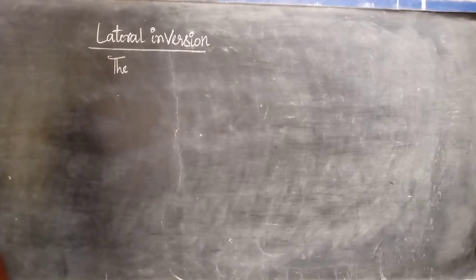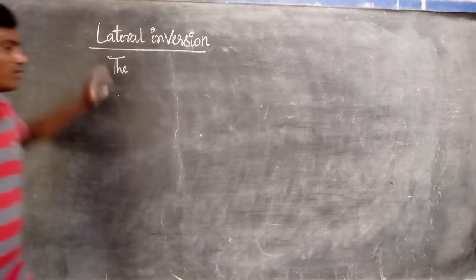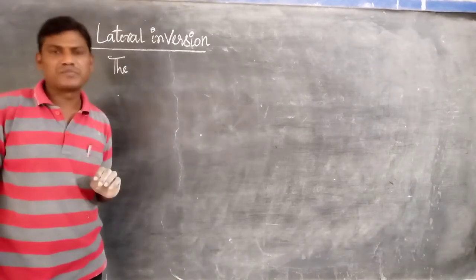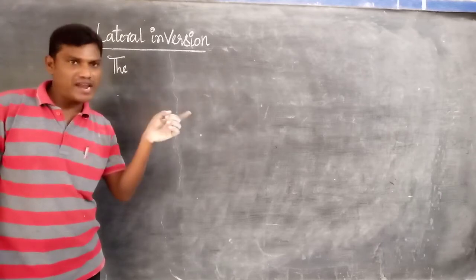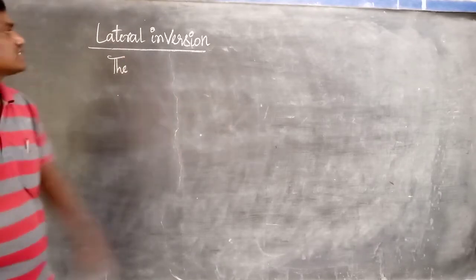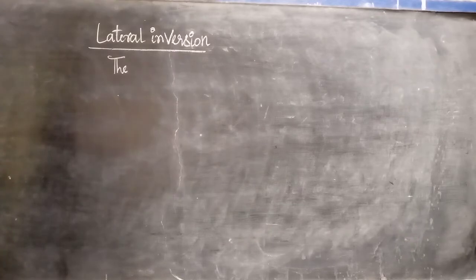Left means the object's left appears to right and vice versa. So when you stand in front of a plane mirror, our left appears to right, right appears to left. That is called, what is that one? Lateral inversion.